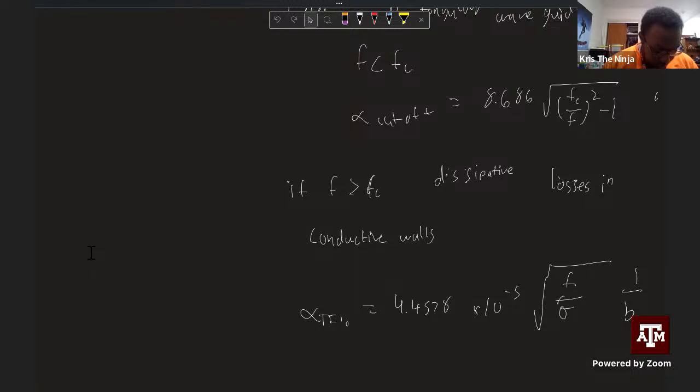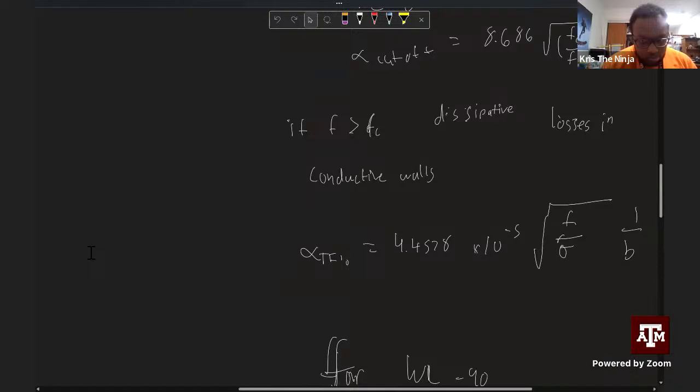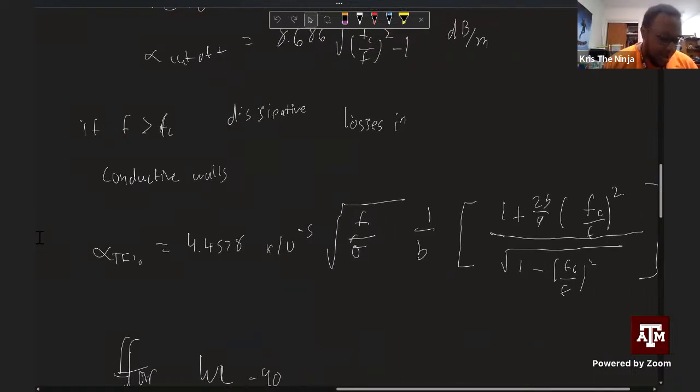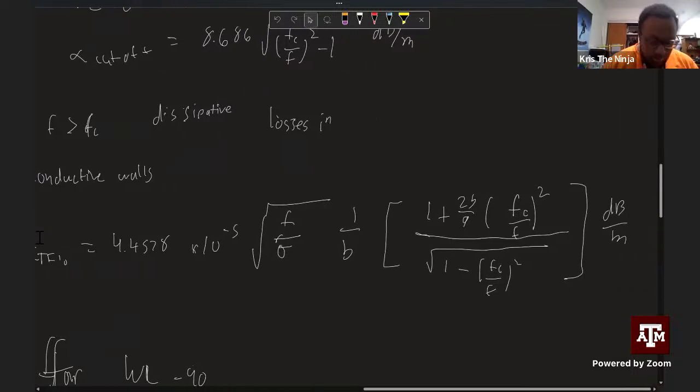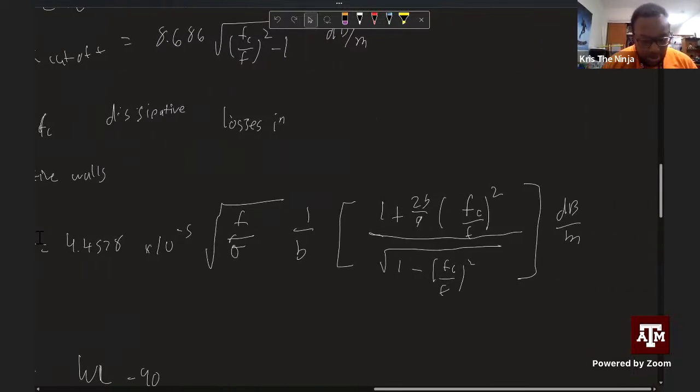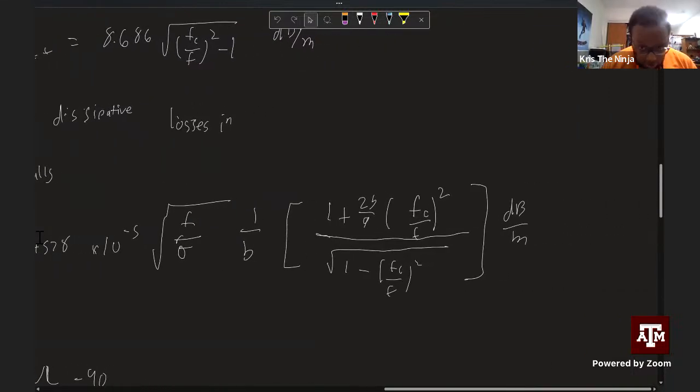and conductive wave. So you have your mode. That's 4.4578 times 10 to the minus 5. And then that's times the operating frequency over sigma, which is usually skin depth. Then you do 1 over B, and then all this lovely, beautiful, very much hated math.